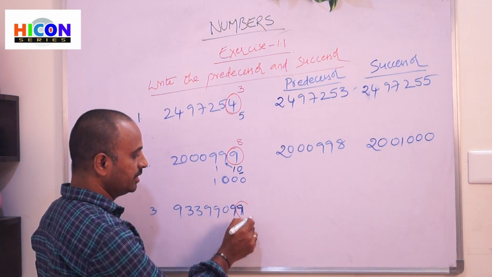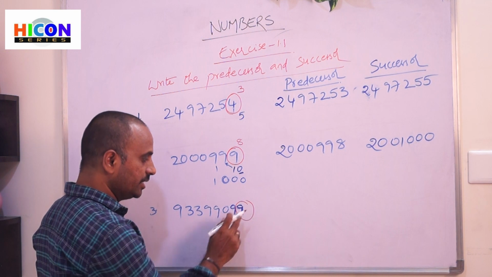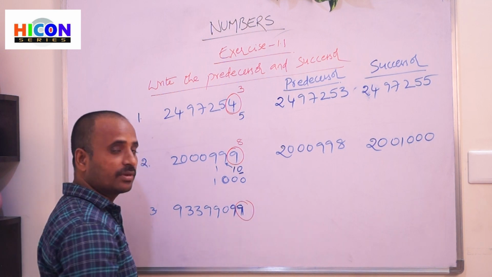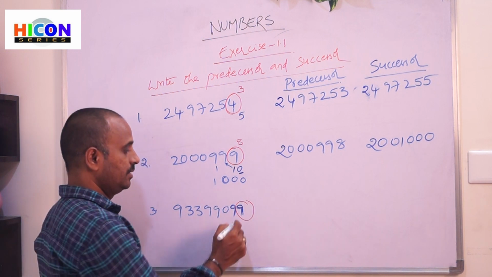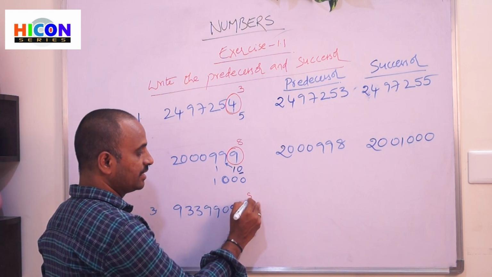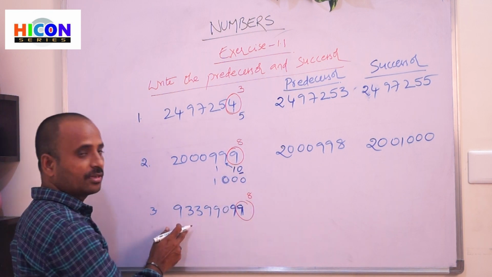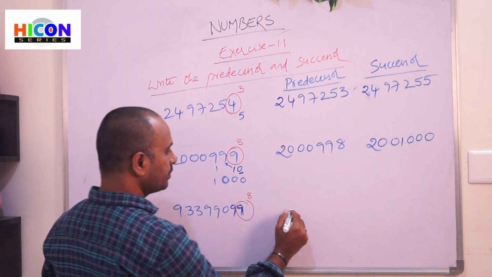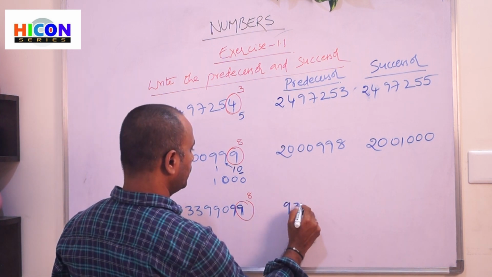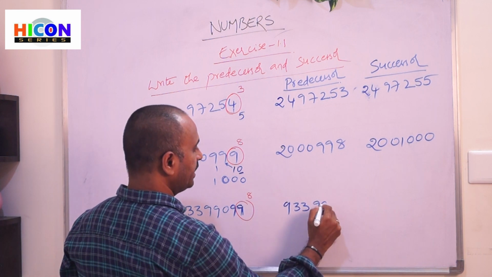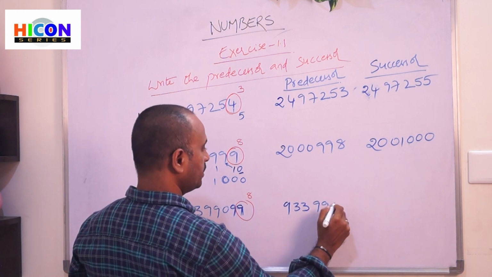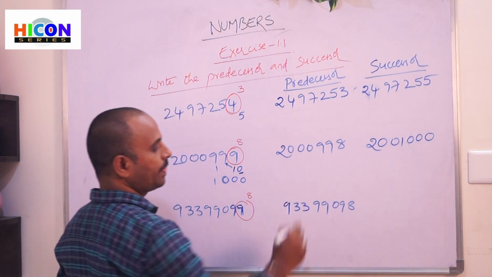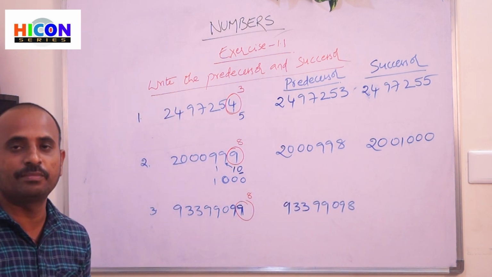Here the last digit is 9. So write its before number. The before number for 9 is 8. So the predecessor of the given number will be 9 crore 33 lakhs 99,098.